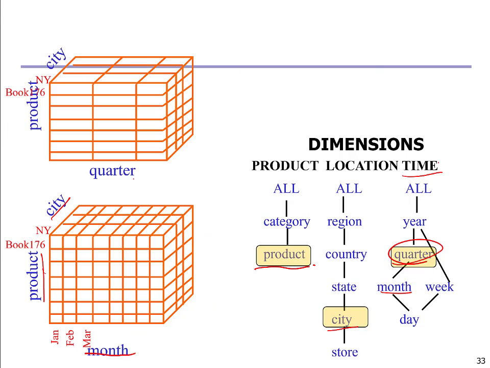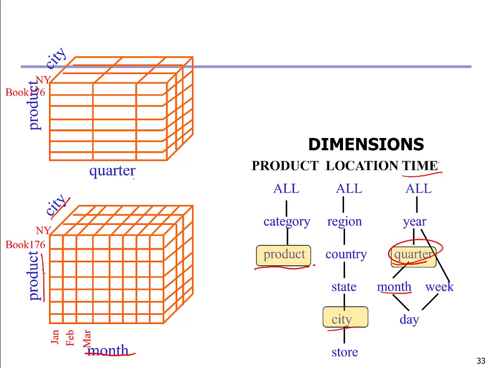And how do we do that? We need to aggregate the numbers within different months to form a quarter, to get the numbers for each and every quarter, because we know one quarter corresponds to 3 months, right?